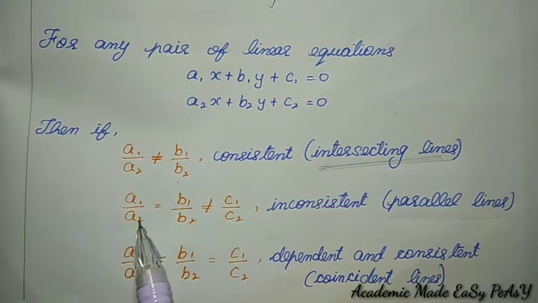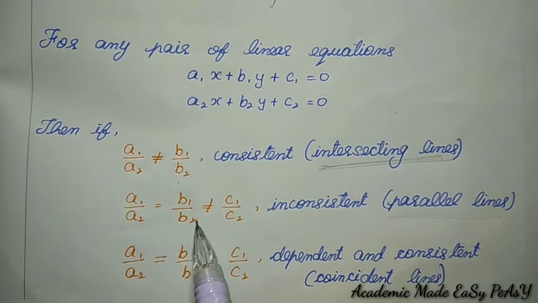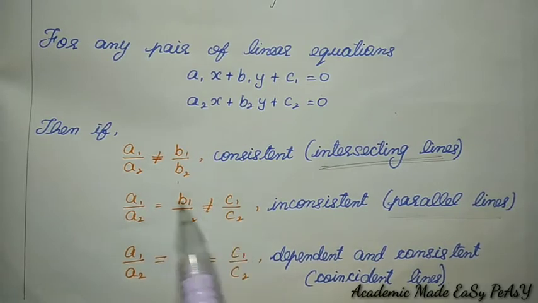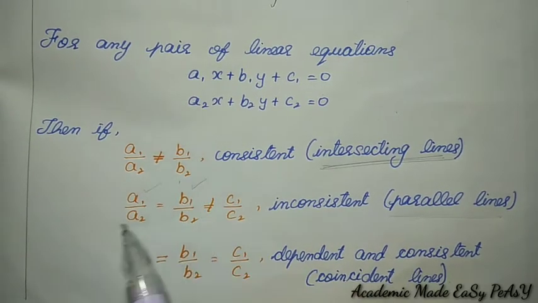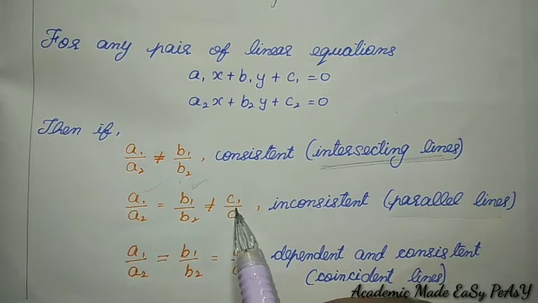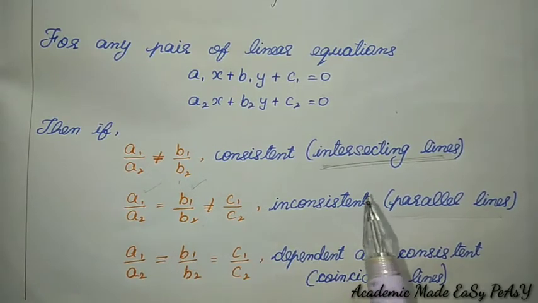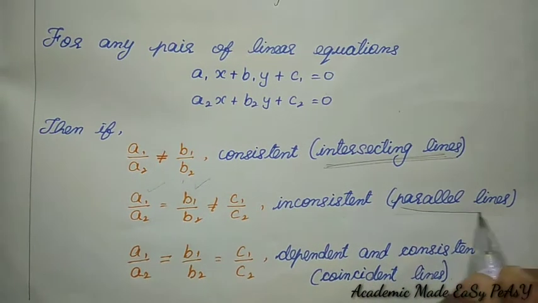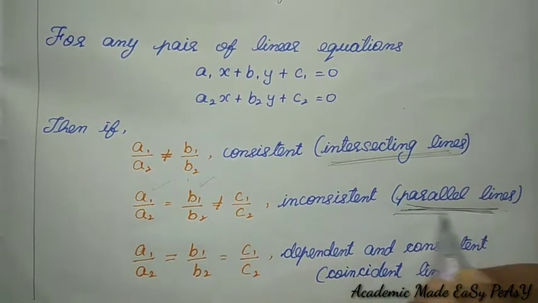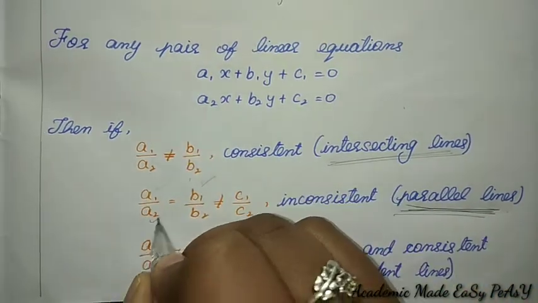Next, a1 by a2 equal to b1 by b2 is not equal to c1 by c2. The ratio of a, b should be equal and the ratio of c should not be equal, then it is called inconsistent, parallel lines. So for parallel lines, we will be using this ratio.